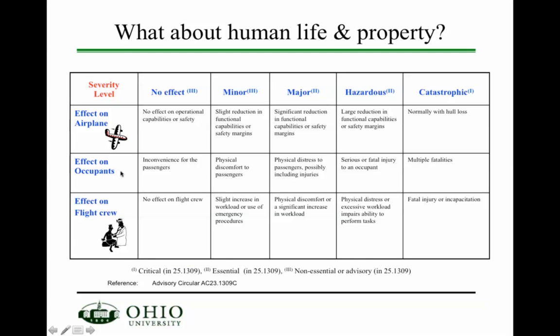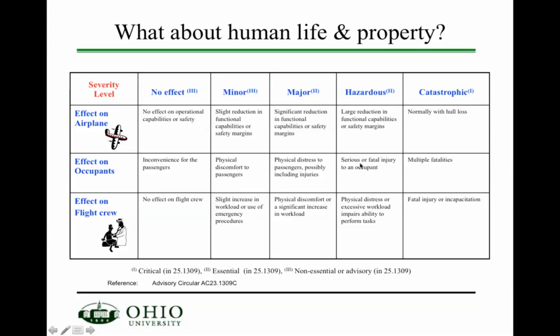So you see, in this table you have it qualitatively assessed, what the effect should be. For example, for minor, sure, the functional capabilities are slightly reduced and the safety margins are affected, but you're not going to lose the aircraft. If you look at effects, minor for the occupants means some physical discomfort, major means physical distress, possibly injury.